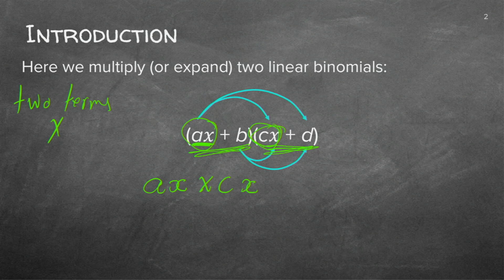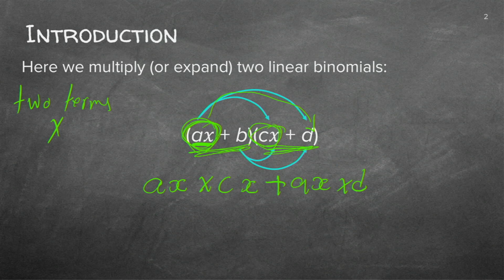That is the first thing that you do. And then the second part is multiplying the first term with the second term of the second binomial. So you're multiplying ax by d. Okay, so that is what we did on the first part.